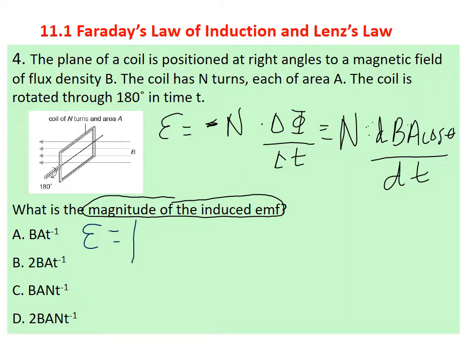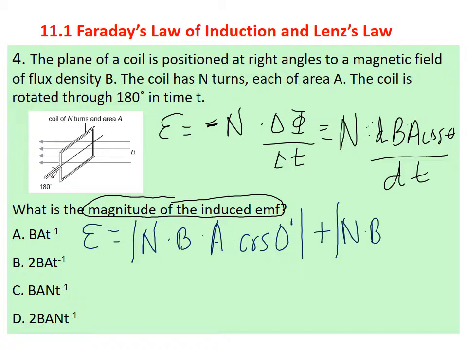So we'll have a maximum value of the induced EMF with N number of coils times the strength of the B field times the area times cosine of 0 degrees over t, plus the absolute value of N times B times A times cosine of 180 all over t.